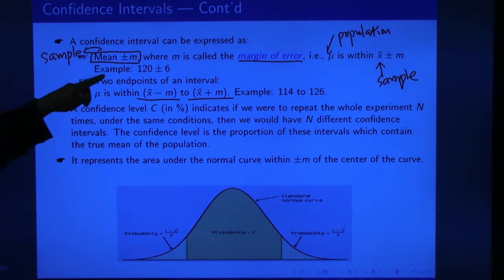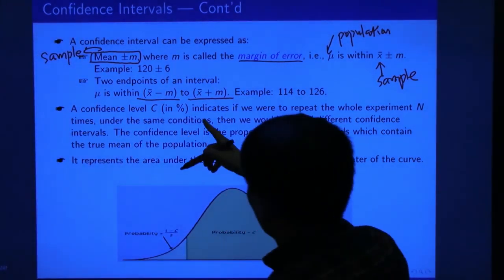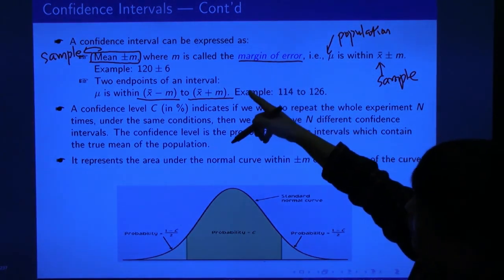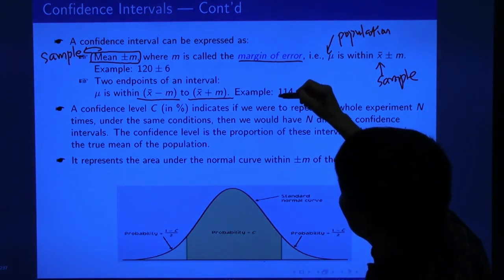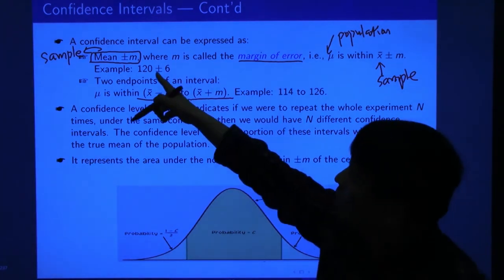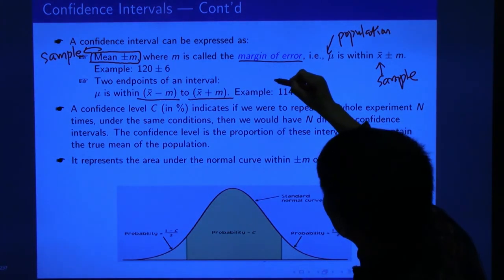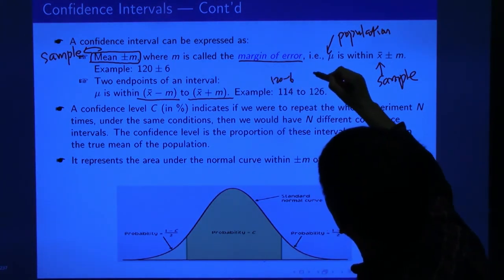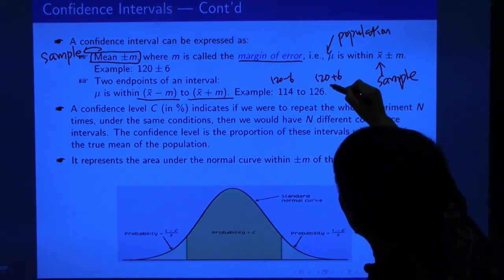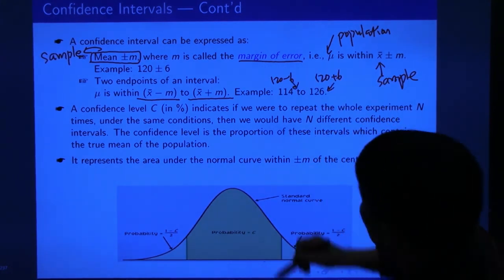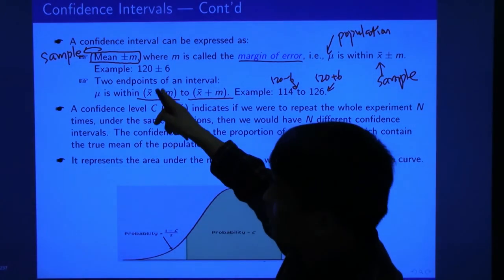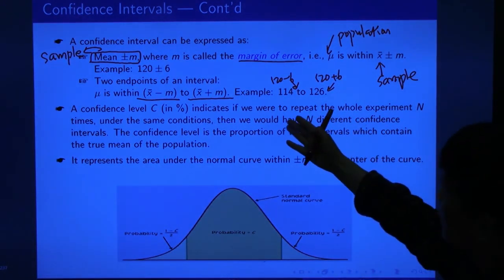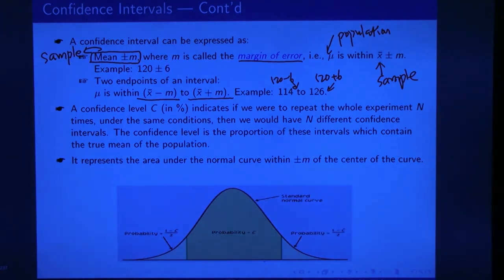In this example, the confidence interval is 120 minus 6, which equals 114, to 120 plus 6. So either way works. We can write 120 plus minus 6, or we can directly say 114 to 126.